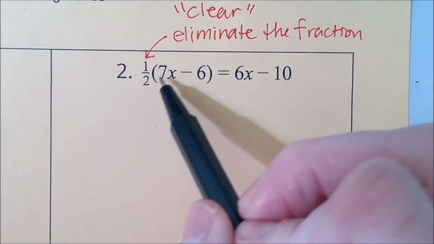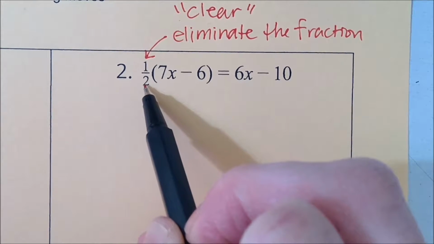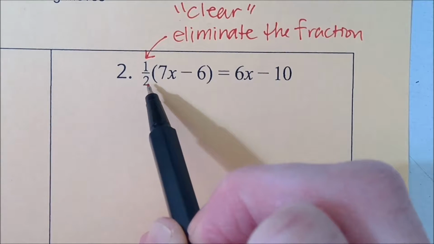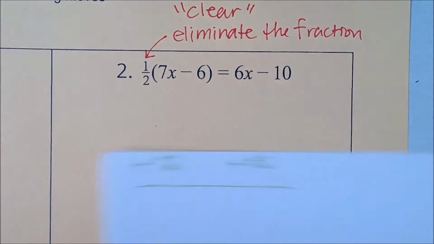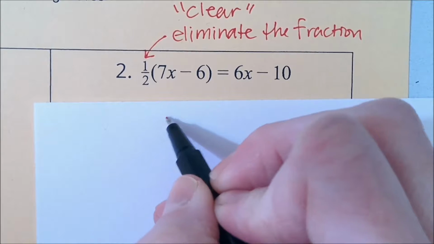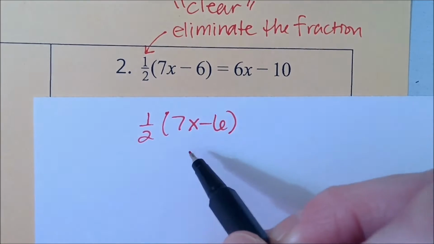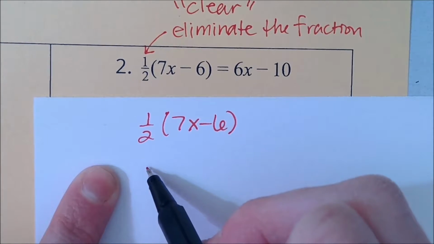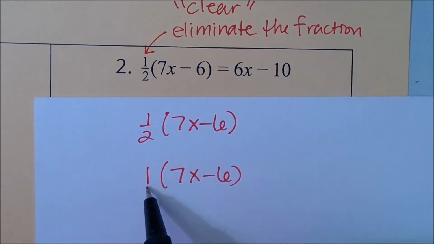So in order to do that, if you look at this, my left side here is being cut in half. So the 7x minus 6 is being cut in half. To undo something being cut in half, you double it, right? Another way that you can look at this is, on this left-hand side, if I want this fraction gone, if I can turn that 1/2 into a 1, 1 times 7x minus 6 is just 7x minus 6.